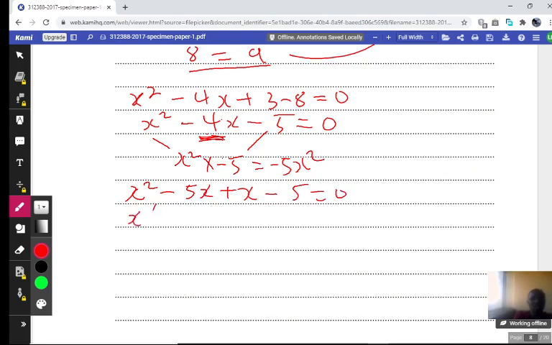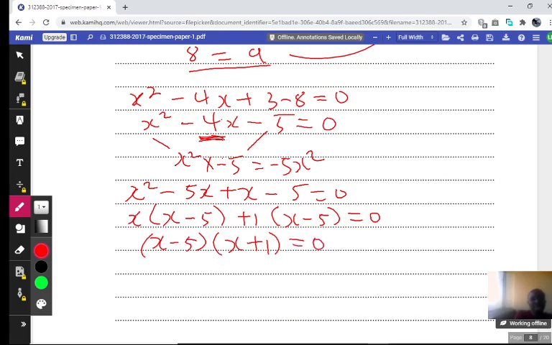Yes, so you factor out x, it will be x minus 5. You factor out 1, then it will be x minus 5 is equal to 0. Then it will be x minus 5 in brackets, x plus 1 is equal to 0. It's either x minus 5 is equal to 0 or x plus 1 is equal to 0.